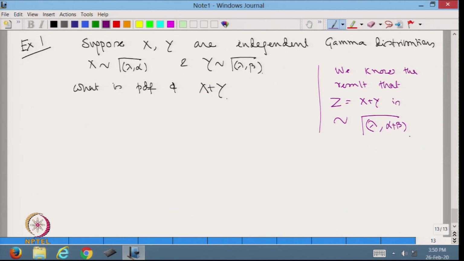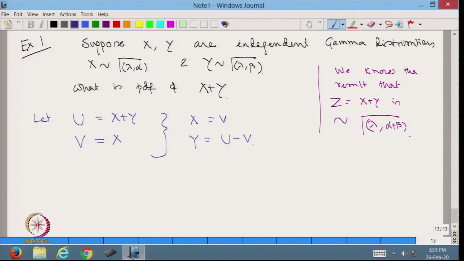We shall try to obtain the same result using the above theorem. Let u is equal to x plus y. We have to take a v, we keep it simple, and suppose we take v is equal to x. Therefore, x is equal to v and y is equal to u minus v.